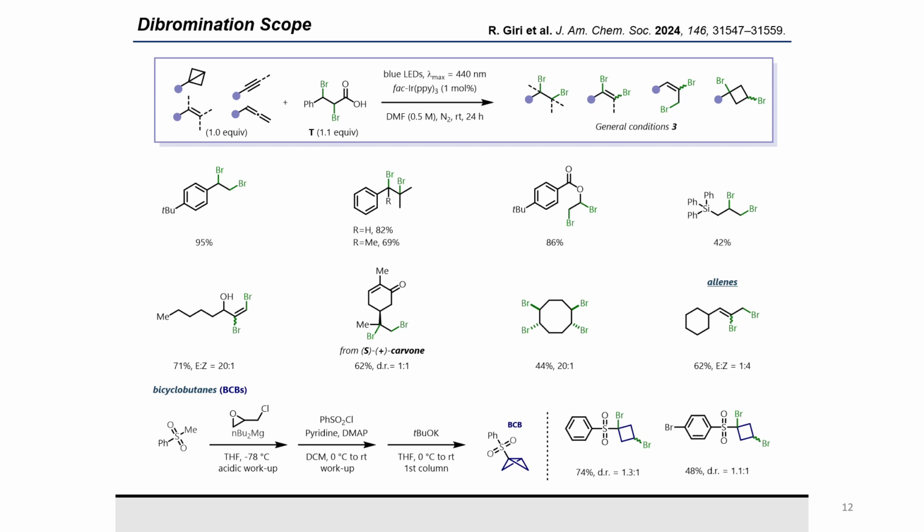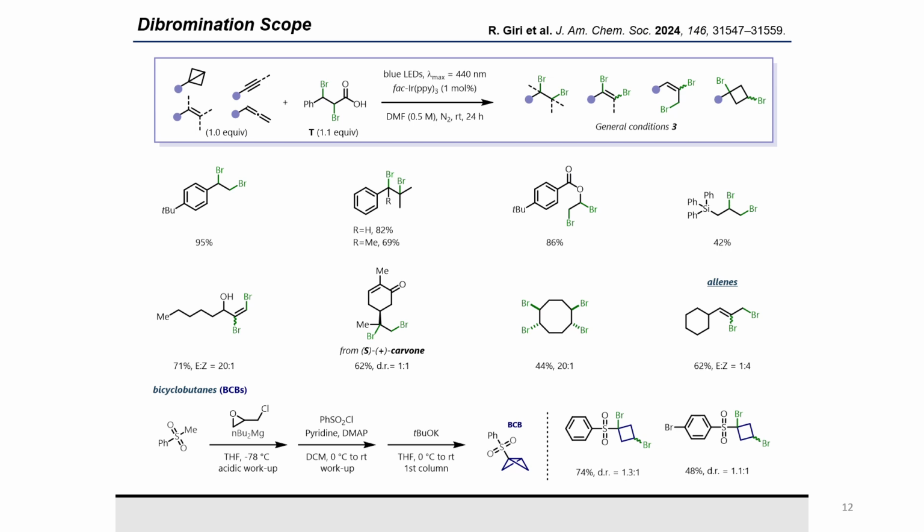Carvone is an example where an electron-poor double bond is kept intact while the electron-rich double bond reacted exclusively, providing the dibrominated product in 1:1 ratio. There are also reports where such brominated compounds are used as flame retardants, and this is an actual flame retardant, which we can achieve under our standard conditions in 20:1 dr. Allenes gave exclusively such molecules.